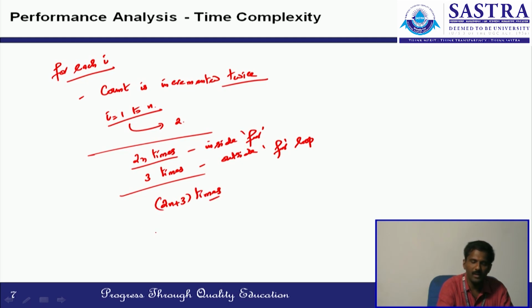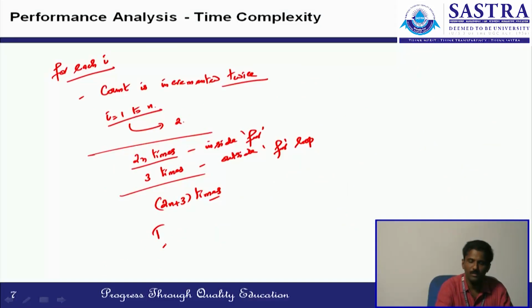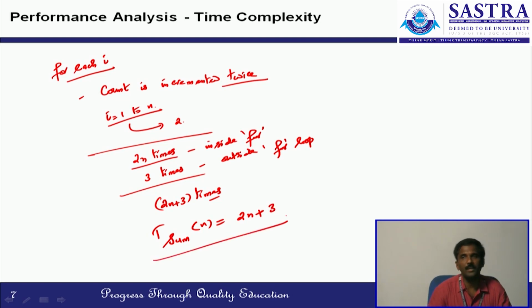So, we can write T, the algorithm name is sum, array a comma n. So, T sum, input size is n, is equal to 2n plus 3, where n represents the input size.